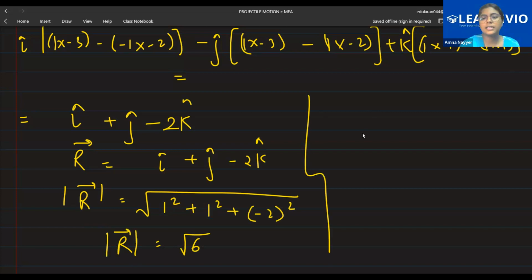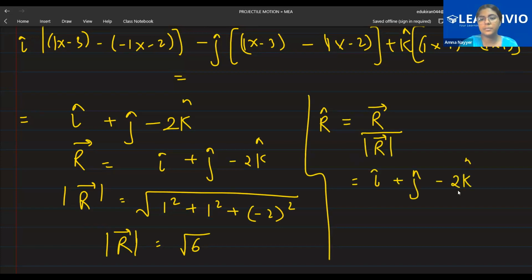This is r vector divided by this. So this is equal to I cap plus j cap minus 2 k cap divided by root 6. This is the unit vector also which we have calculated.